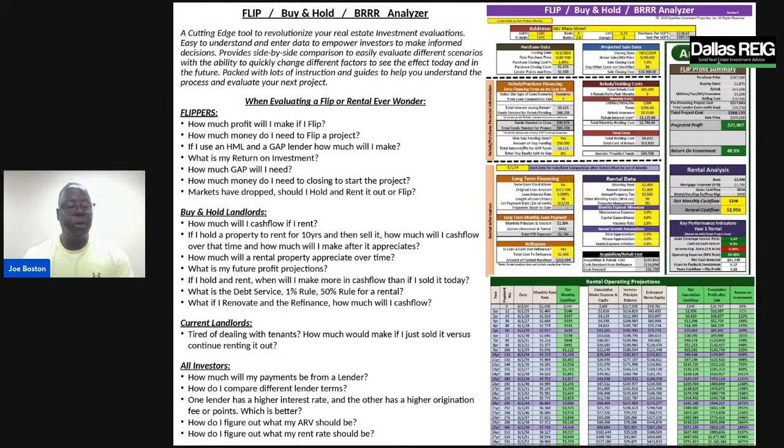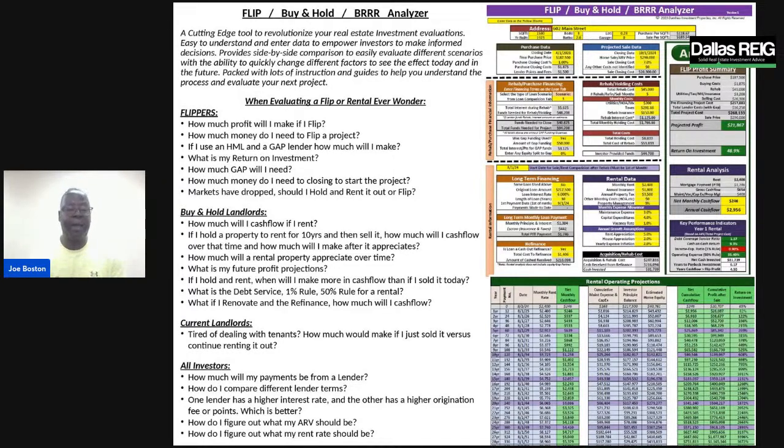What does the future profit projection look like? So you can analyze how much you need to hold the property for, so that if you need to put in a clause that says you want to hold it for a certain amount of time, or you know that you don't want to sell it for a certain amount of time. What does that look like?